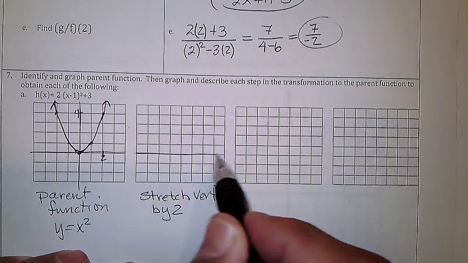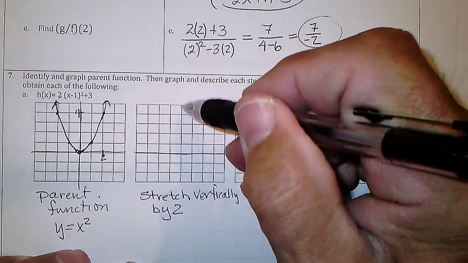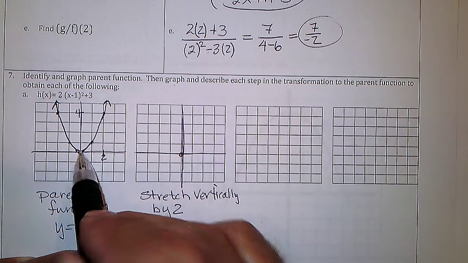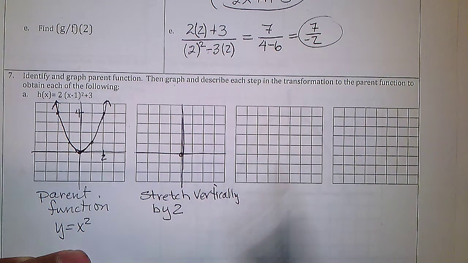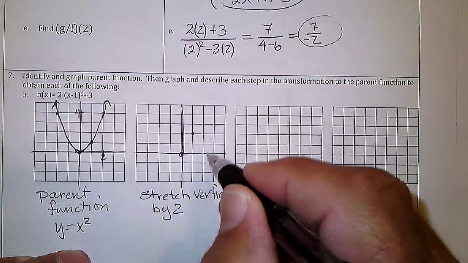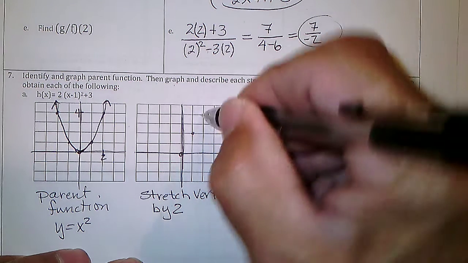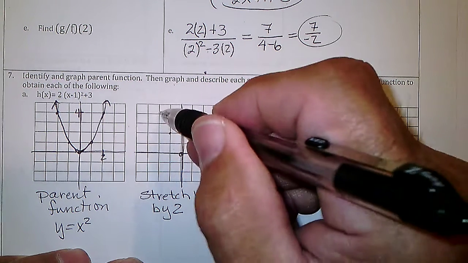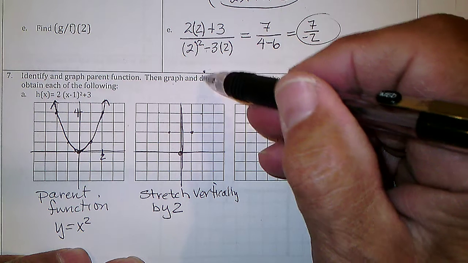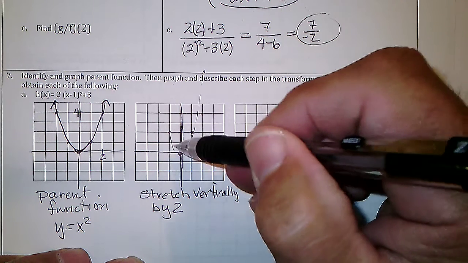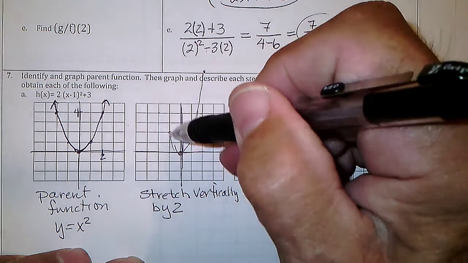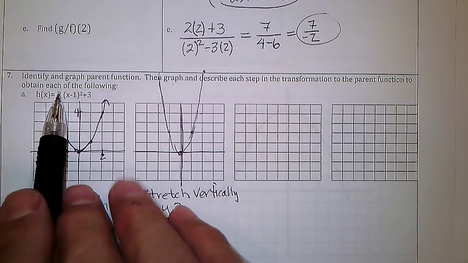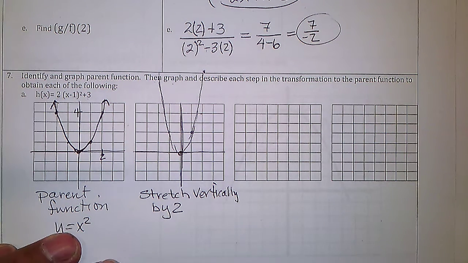If I leave the x-axis there and the y-axis here, 0, 0 would stay there. The one that's up 1 will go to up 2. And the one that was up 4 would go up to 8, which is going to be too far up to keep track of, but 4, 8 would be someplace up there. So it's now going to look something like this. I didn't do anything sideways because it was working vertically.